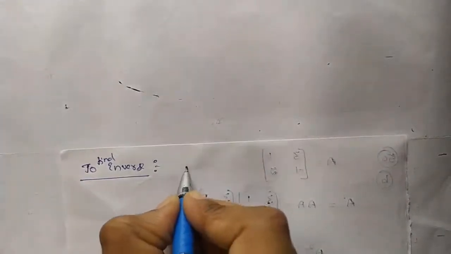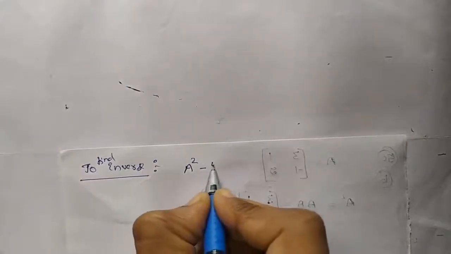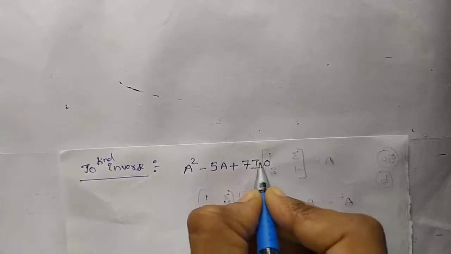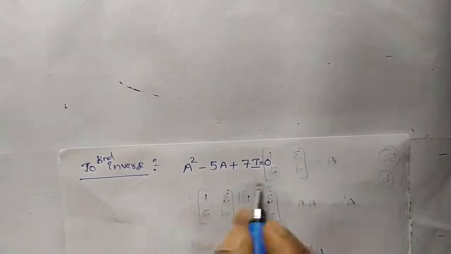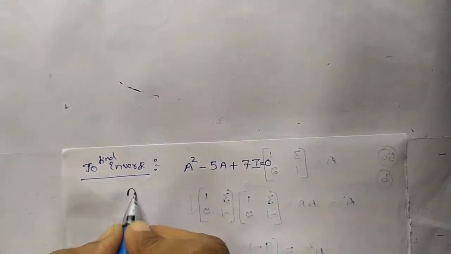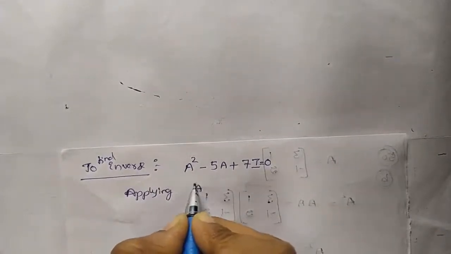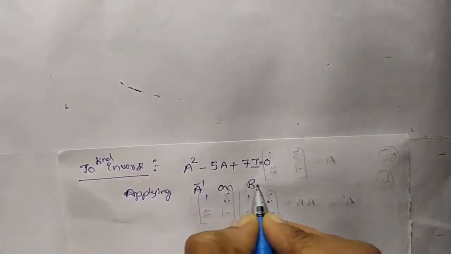Now let us find the inverse. To find inverse, write the given equation, A square minus 5A plus 7I equals 0. Multiply A inverse on both sides.